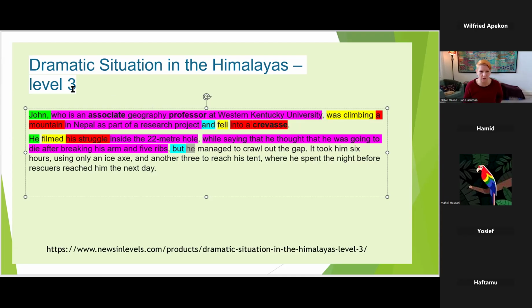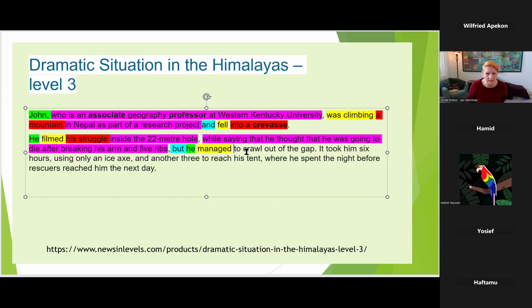An independent clause, we call these, because it can stand on its own. A sentence is an independent clause. But he managed to crawl. Oh, we do say things in funny ways. So he managed, what did he manage? He managed to crawl out of the gap. Sorry, I just can't. Out the gap, no, out of the gap. Thank you. Sometimes I have to correct them.